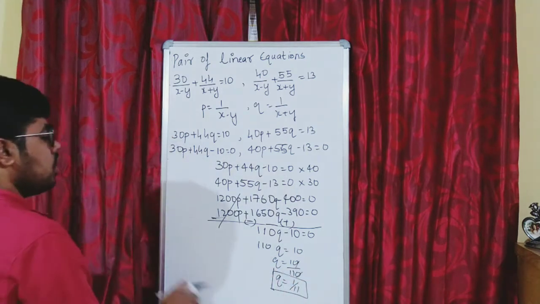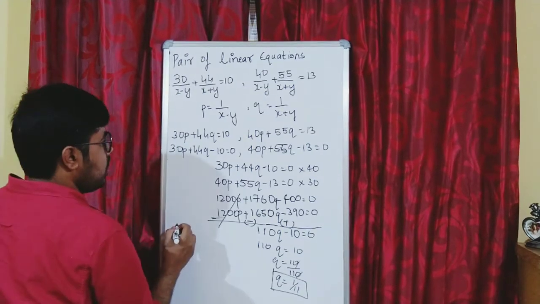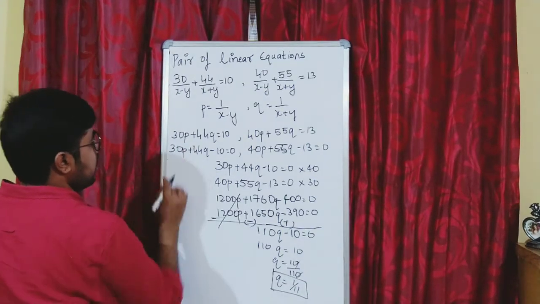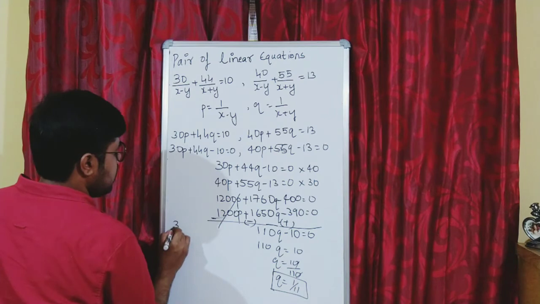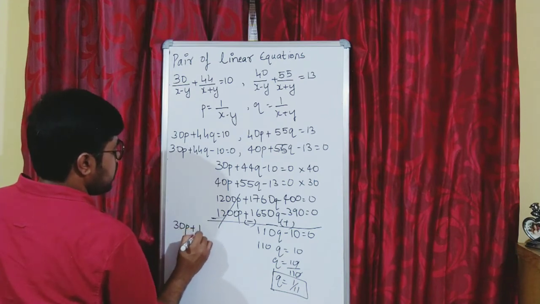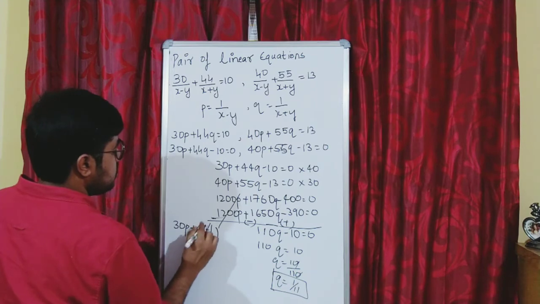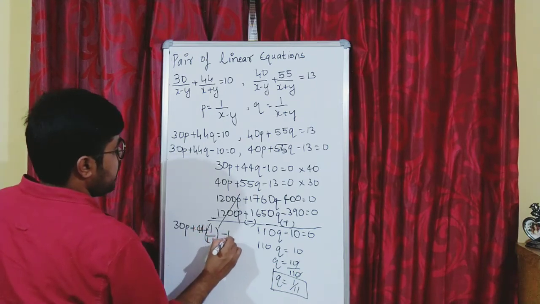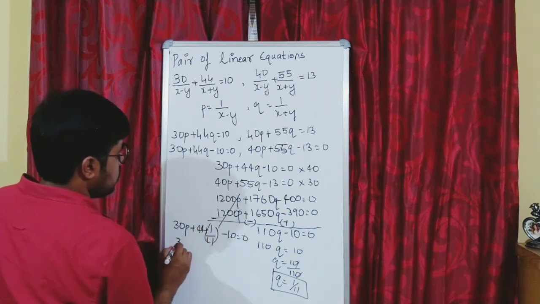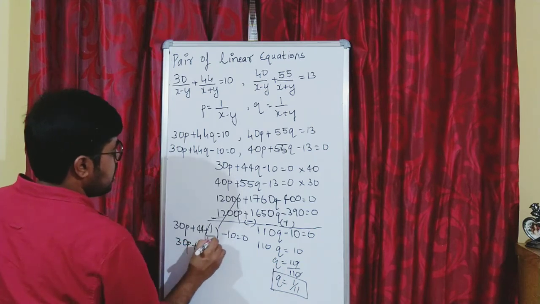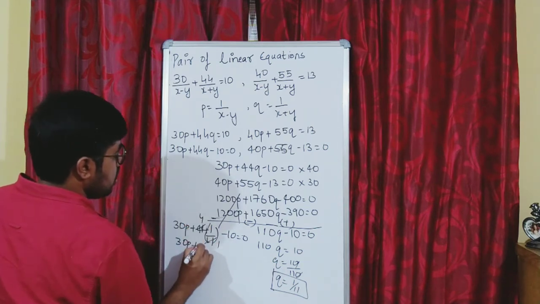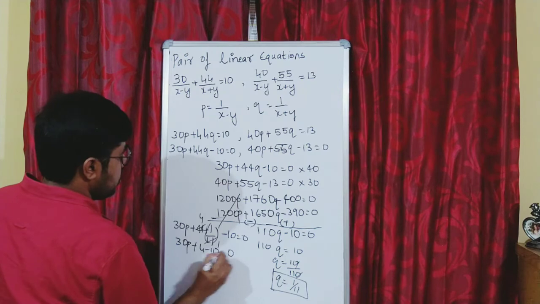So we found the q value. Let us find the p value. I will substitute in either one of the equations. I will take the first equation: 30p plus 44 into 1 by 11, minus 10 equal to 0. So 30p, here 11 ones are 11, 11 fours are 44, so 4 minus 10 equal to 0.